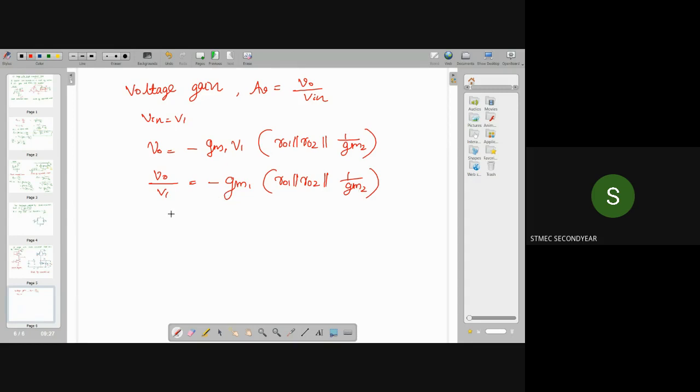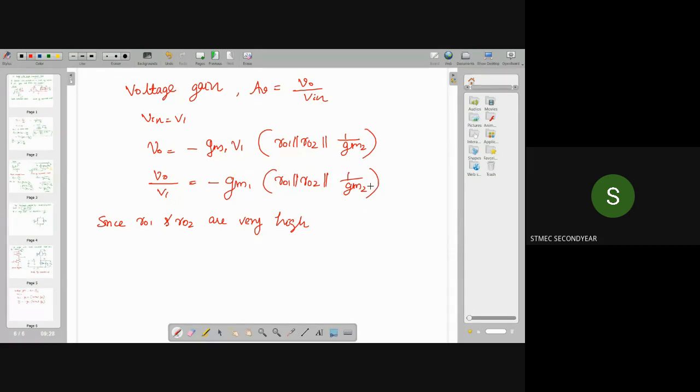Here, since R01 and R02 are very high, ideally infinity, in the parallel combination the effective value will be near the smallest value.